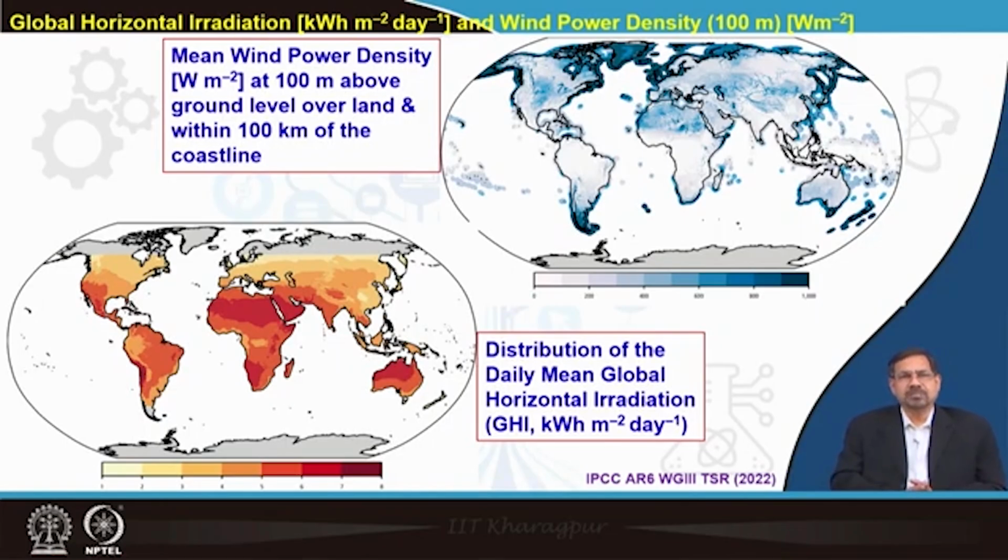The irradiance map is showing maximum in the tropics, whereas the wind power is showing maximum availability in the Arctic or polar regions and along the coastal regions. So, together it caters to the need in totality. This is a good combination for trapping solar and wind energy across the spatial distribution of the globe.